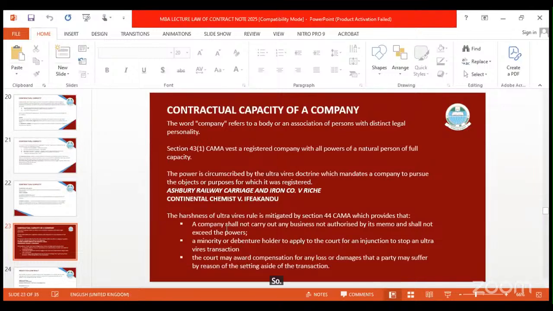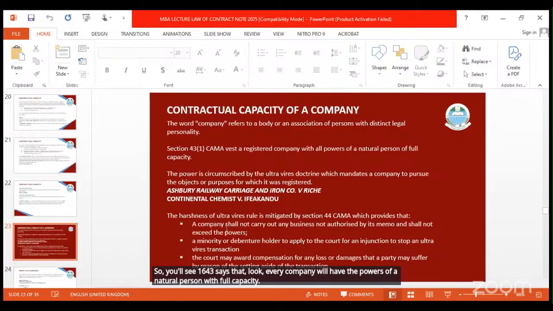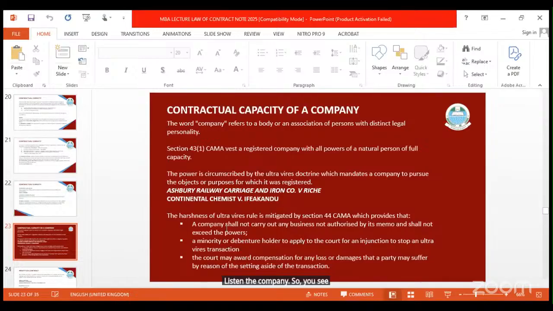So you see, Section 43 says that a registered company will have the powers of a natural person with full capacity. So it means that they can do all things, but that natural power of full capacity is limited to the objects listed in the company's documents. It's so harsh that as businessmen, if you want to go into a contract with a company and that company doesn't have the powers to do that, you are wasting your time.